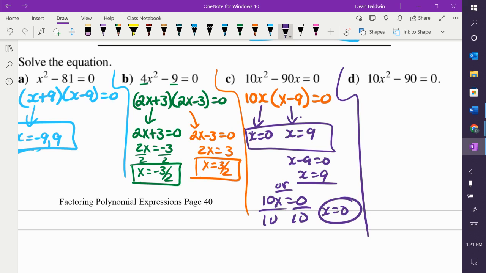10x squared minus 90 is equal to 0. What's the first step you always do? Greatest common factor, which is? Now what do you do?